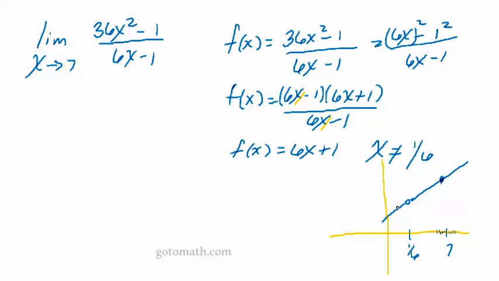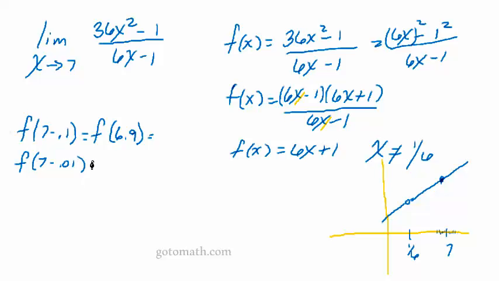Well, we're going to do 7 minus 0.1, which can be rewritten as f of 6.9, and determine that number, and then look at 7 minus 0.01, and so that'd be f of 6.99. So what's happening is we're getting closer and closer to 7 coming in from the left hand side.